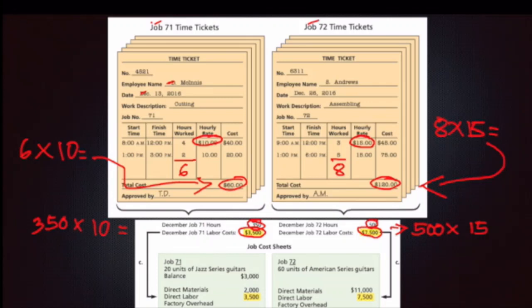Now, the total direct labor cost is posted to the job cost sheets. This one for job 72 and 71, as shown here below.